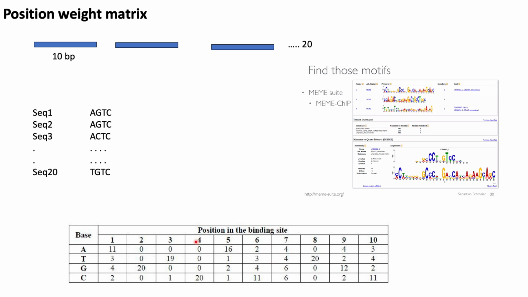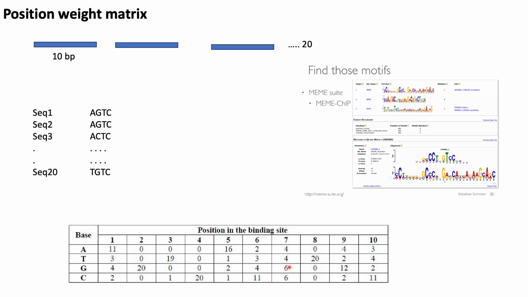It basically tells us how many times a particular nucleotide is found at a given position using all these binding sites. For example, here you can see A, T, G, C and positions 1 to 10 and values ranging from 0 to 20 because we have a total of 20 sequences which are the transcription factor binding sites.